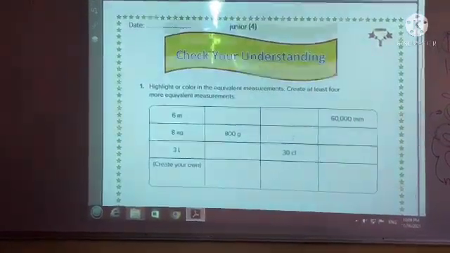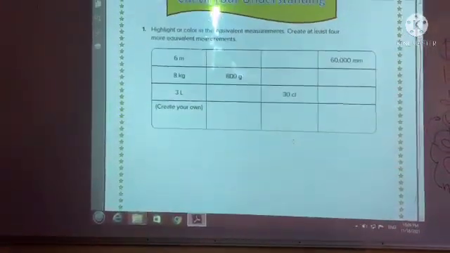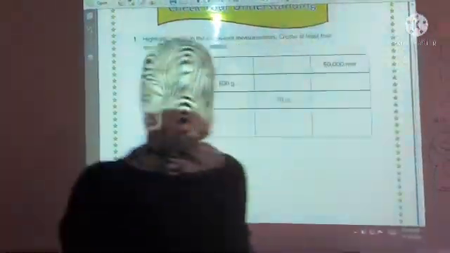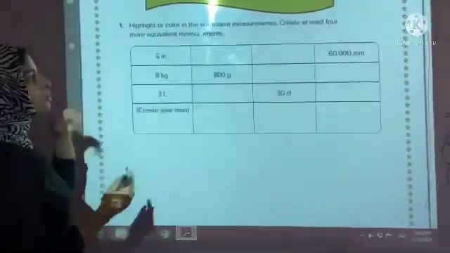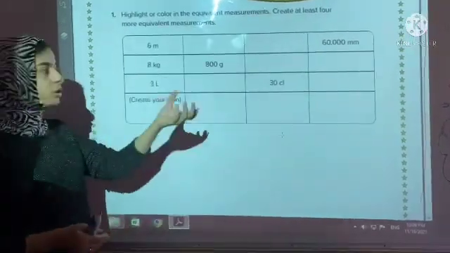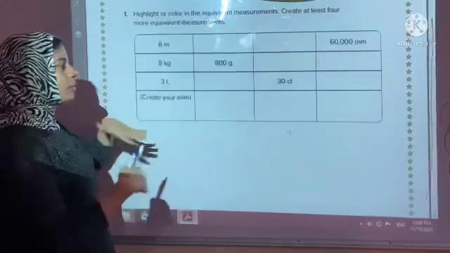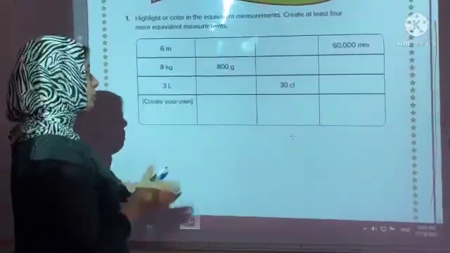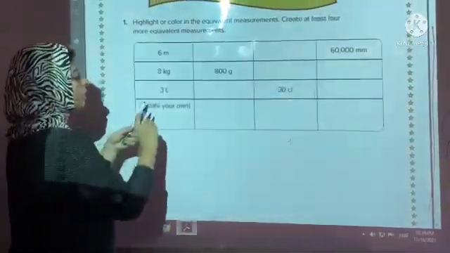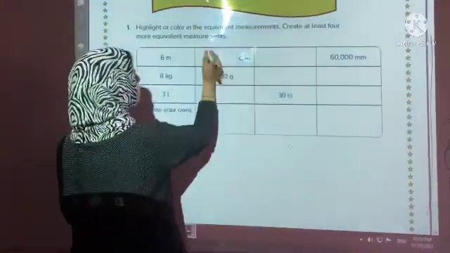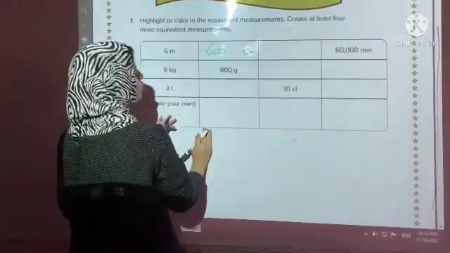Let's check our understanding. So now I want to get what is the equivalent unit for 6 meters. Equivalent means the equal unit when I multiply or divide. So 6 meters equal how many centimeters? It will be 600.